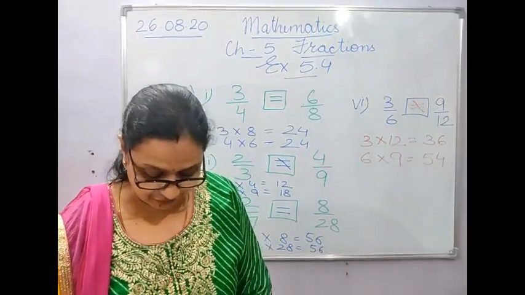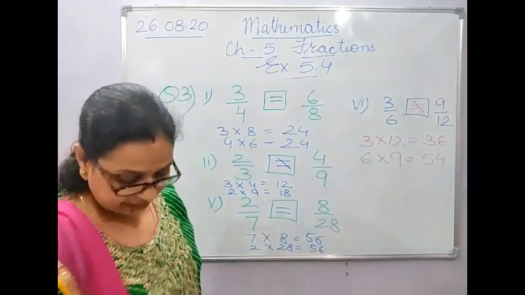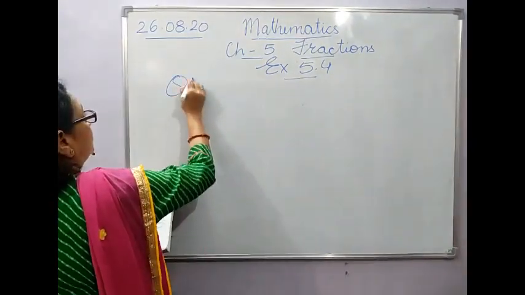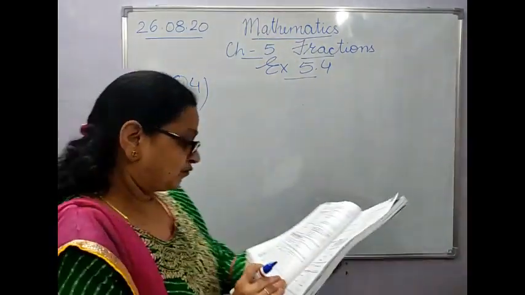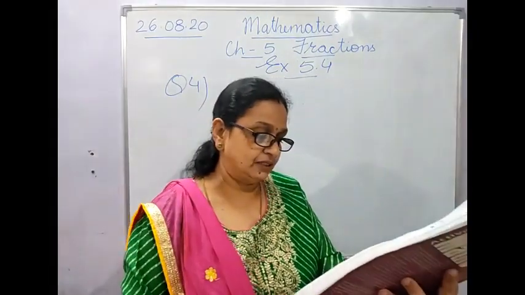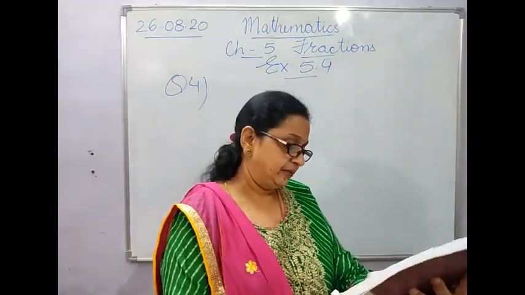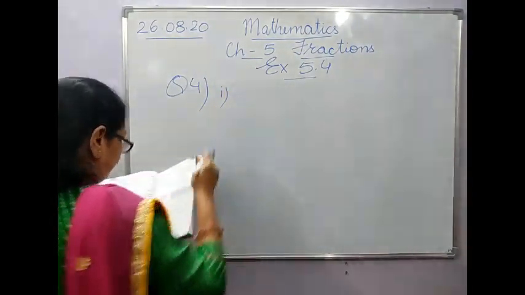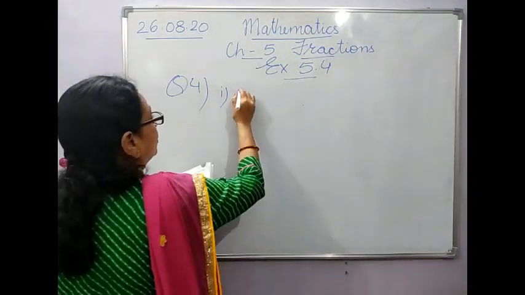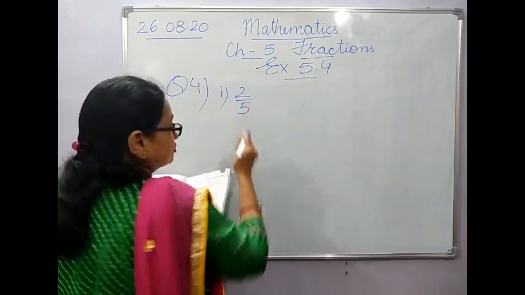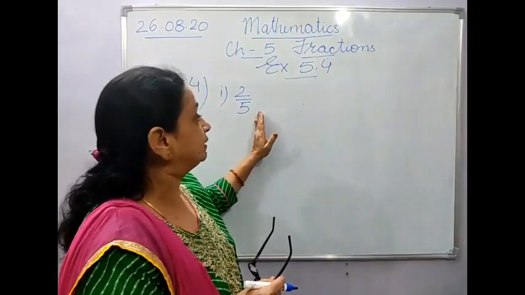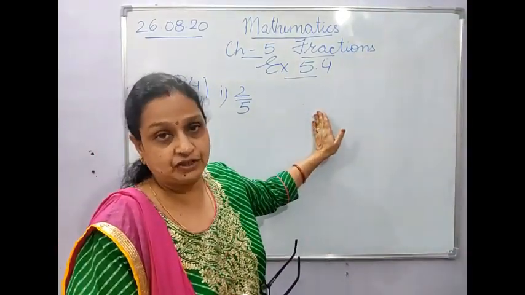Then question number 4. Form 3 equivalent fractions. In this, I'll be doing first in the 4th sum. First sum, it is 2 upon 5. See children, the fraction has been given and you have to find 3 equivalent fractions of this.